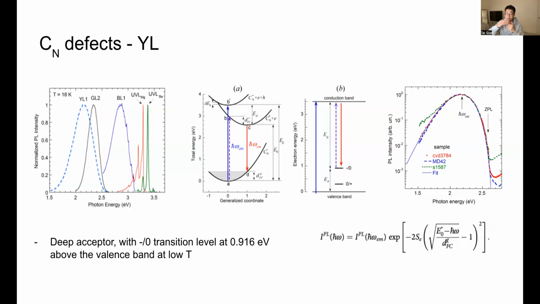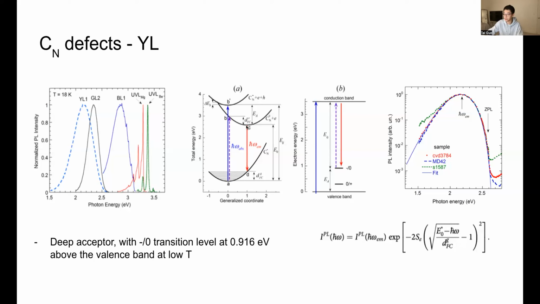After that, the defects become neutral, and the surrounding atoms feel the change, and their equilibrium positions also change, so the whole system relaxes to a lower energy level. In this diagram, after we excite the electron from A to B prime, the whole system relaxes from B prime to C to accommodate this change.